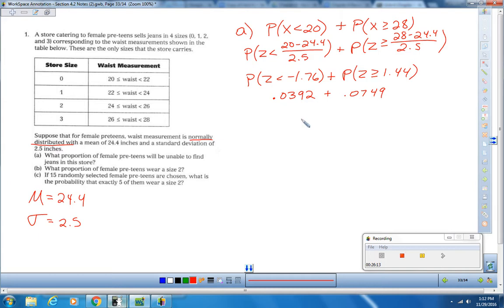So I get that this probability is 0.1141, or approximately 11.41%, and I did that as a percentage for you, Young Bin, of these preteens can't buy jeans here.